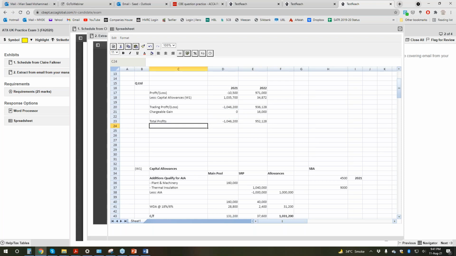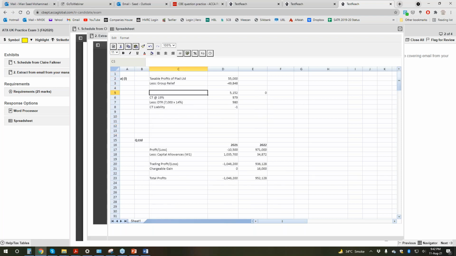Now, for both companies, it has requested me to calculate the losses for both periods, right? And calculate the tax liabilities for both periods. So I have calculated for one year for both Q Limited and P Limited. For P Limited, it's nil. For Q Limited, obviously the CT liability is nil because I do not have any profits to pay corporation tax on.